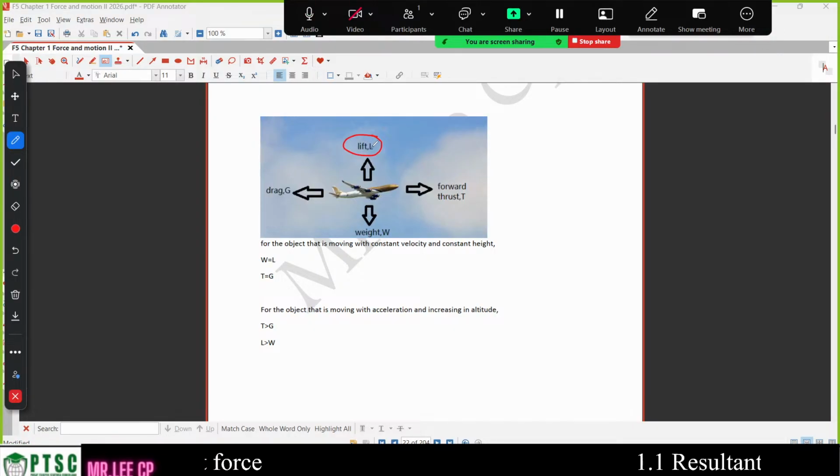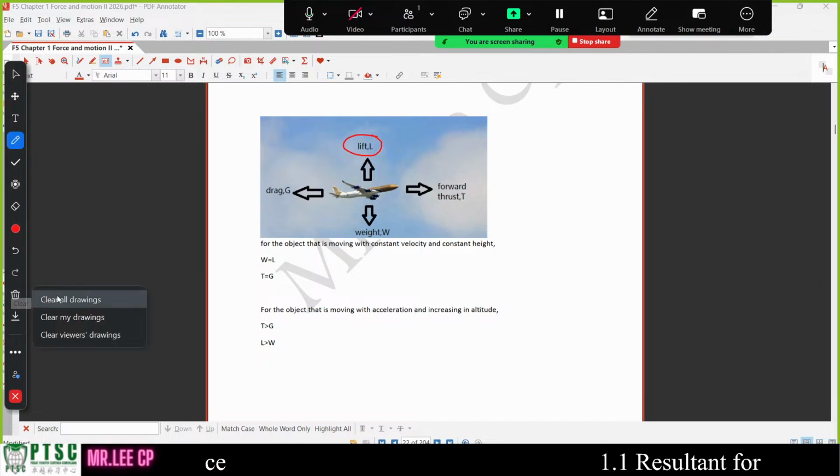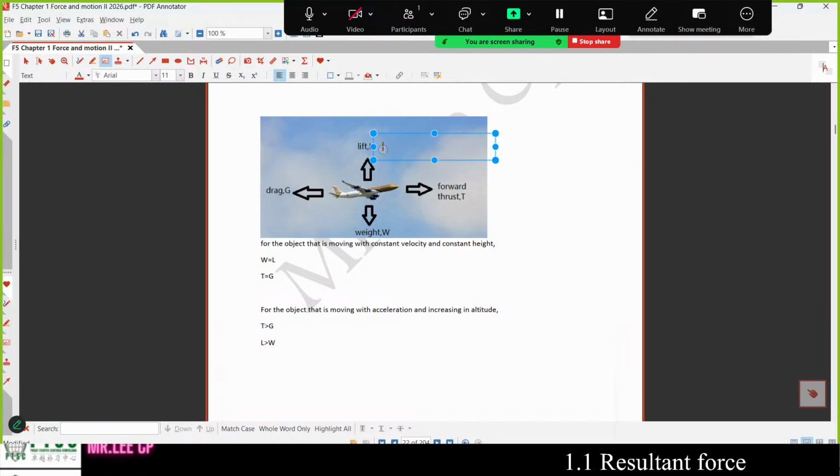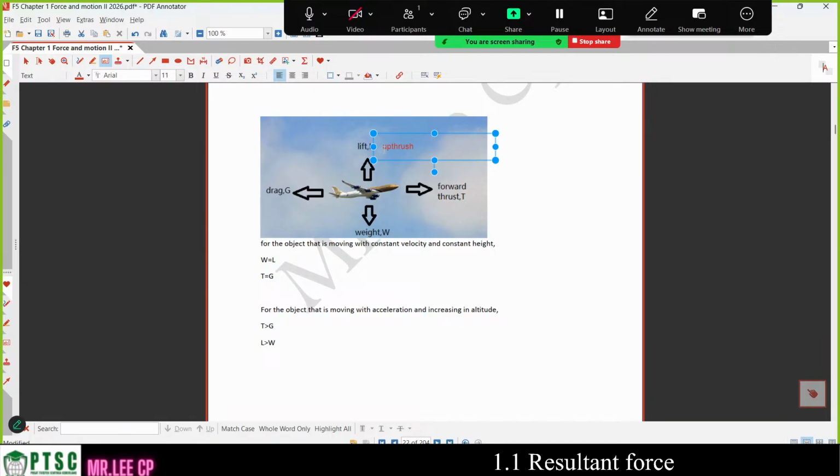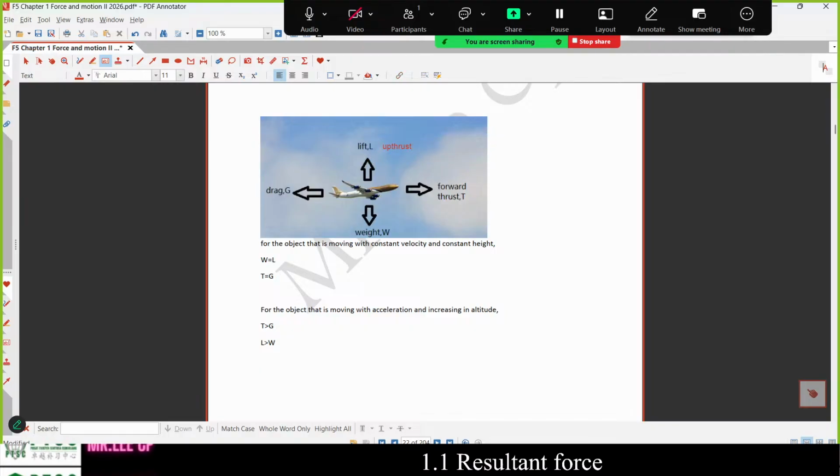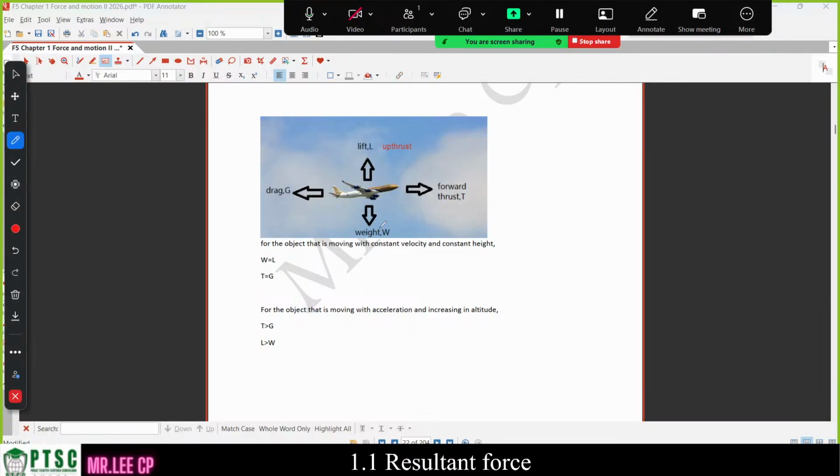Or sometimes they don't call it lift force. They can call it upthrust also. Lift force and upthrust. Okay, the one that goes down is called weight as usual.